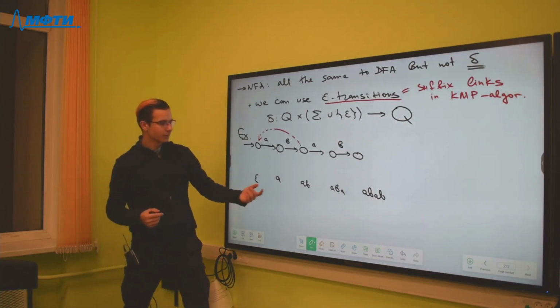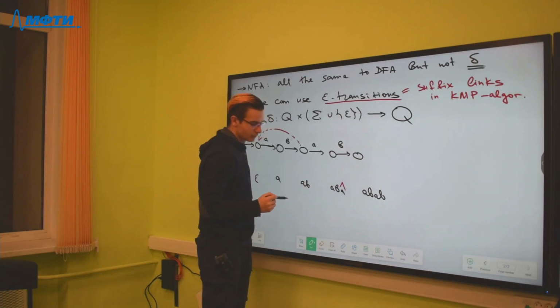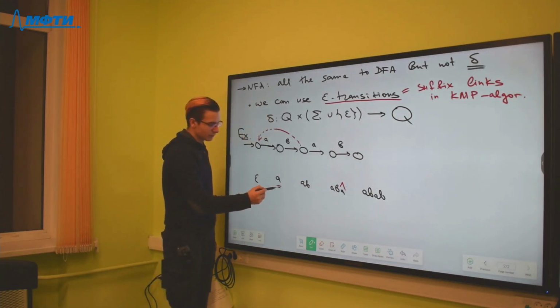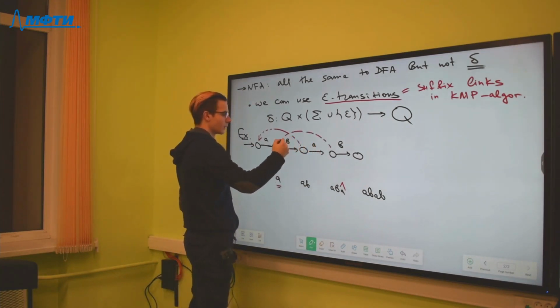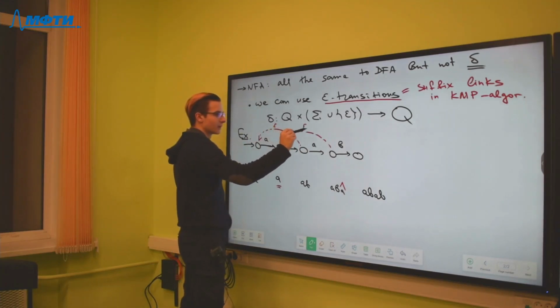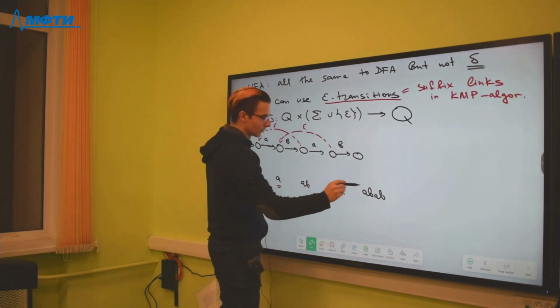So for example, for ABA, we have the suffix A that is equal to this prefix. So we set the suffix link, and of course it is a link with the epsilon character.